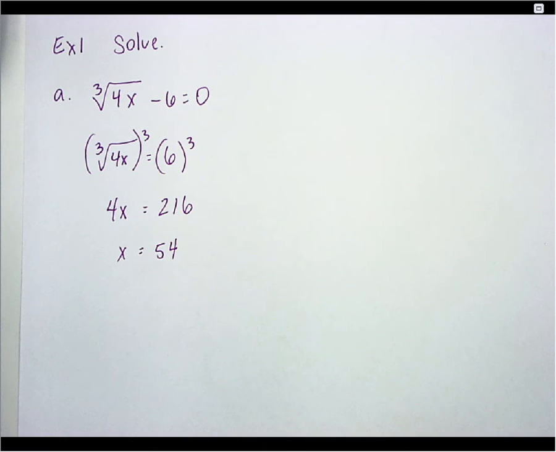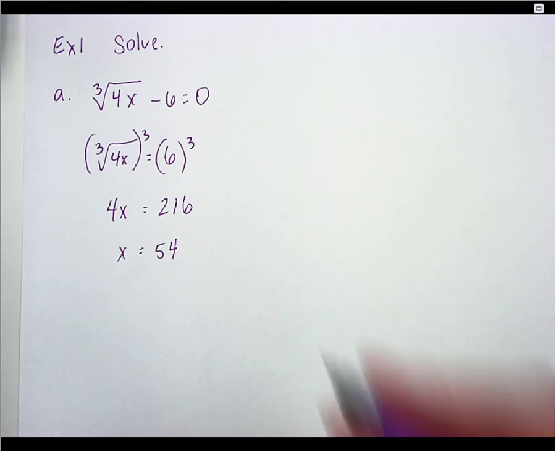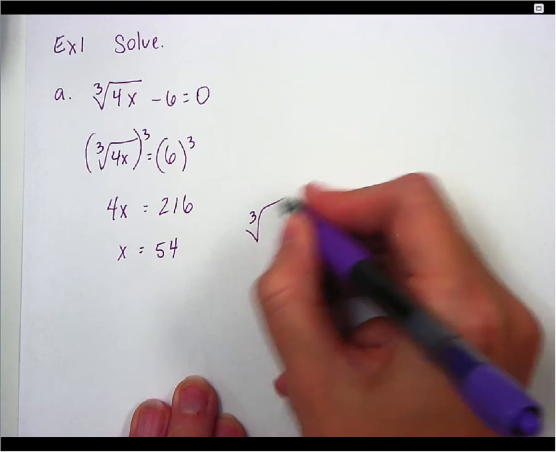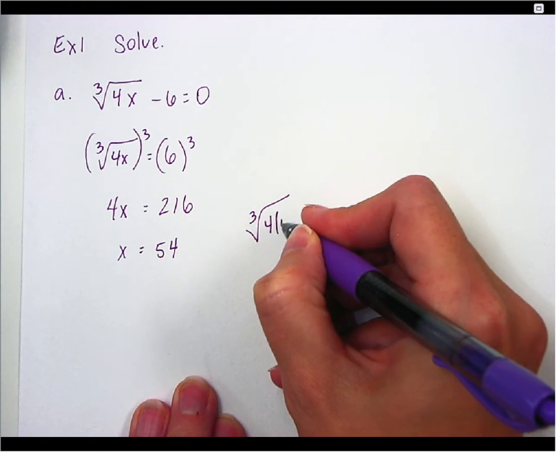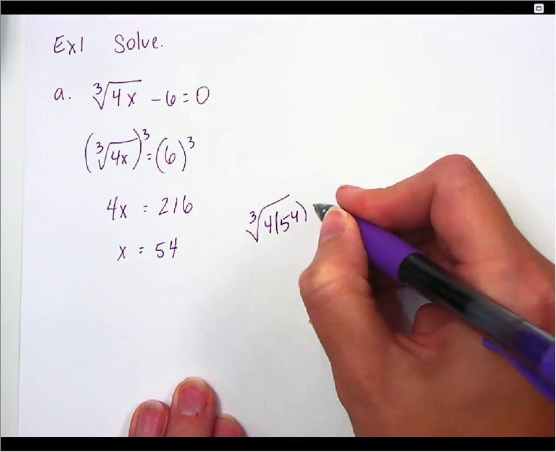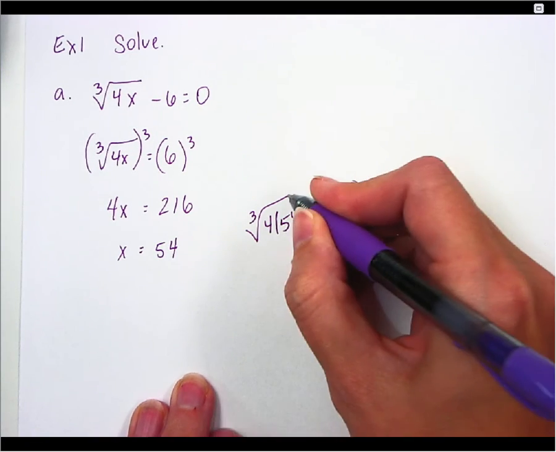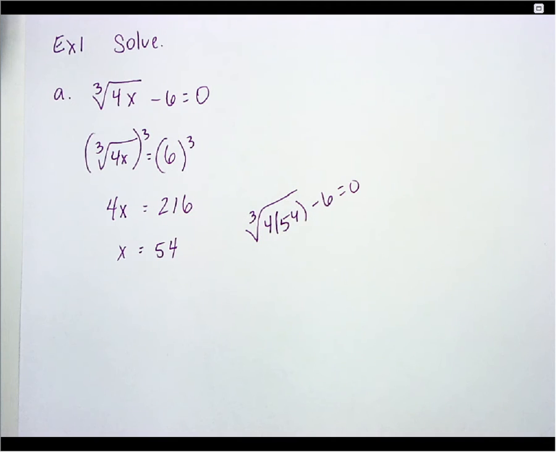All right, so you guys take a second and check that. Plug it back into the original problem and make sure it works out that you end up with 0.